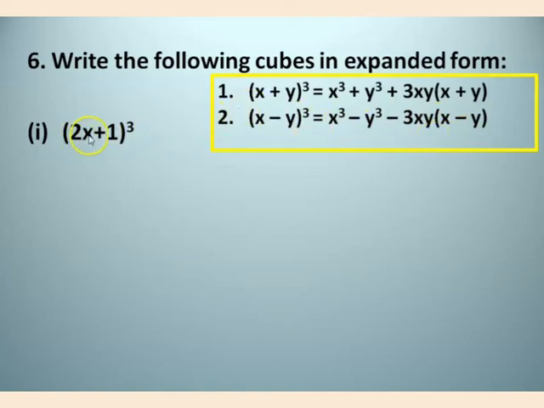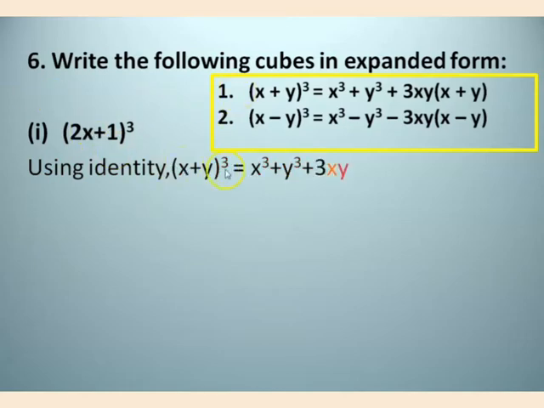So comparing this with the given expression, the first one matches, that is 2x plus 1 the whole cube. So we are going to use the first identity, that is x plus y the whole cube equals x cube plus y cube plus 3xy into x plus y.